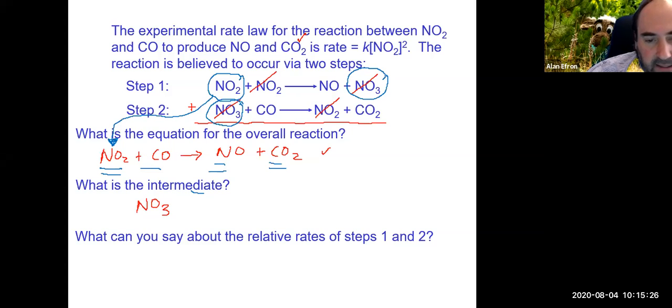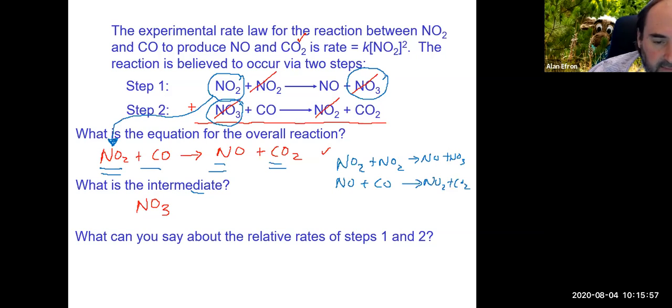So if you're asking how do we add those together, we just add both of those reactions together. So we had this, plus this, and NO and NO3, and NO plus CO, NO2 and CO2. So basically when we add reactions together, 2 reactions, 3 reactions, you can do it one way.